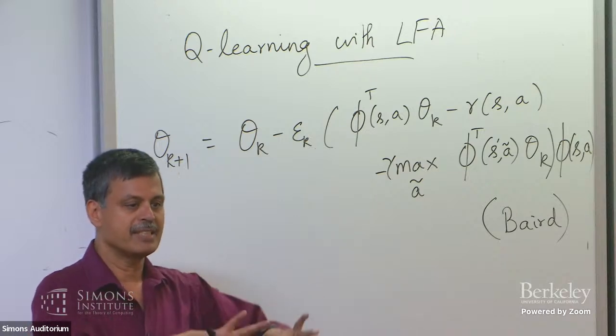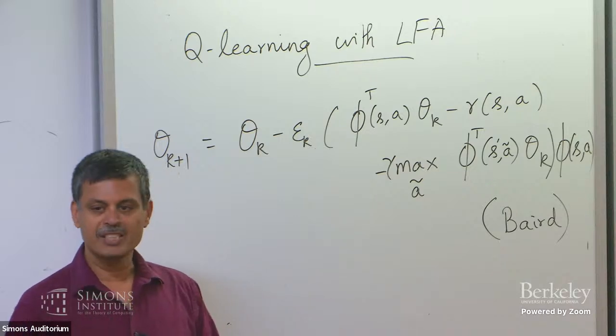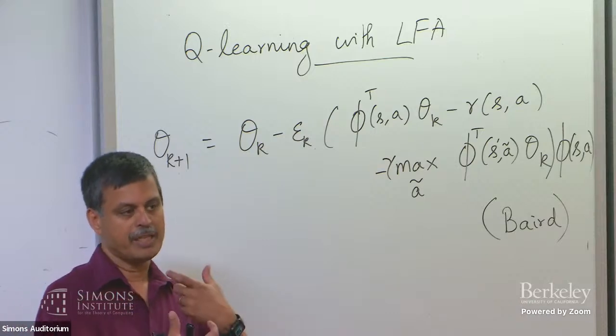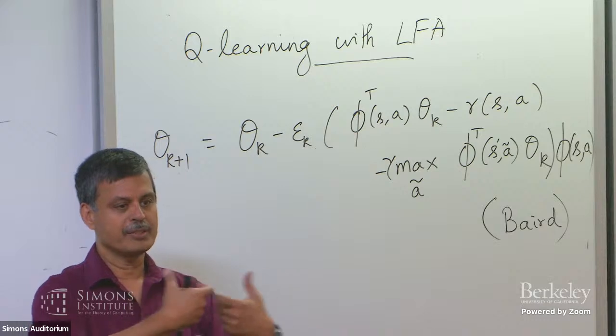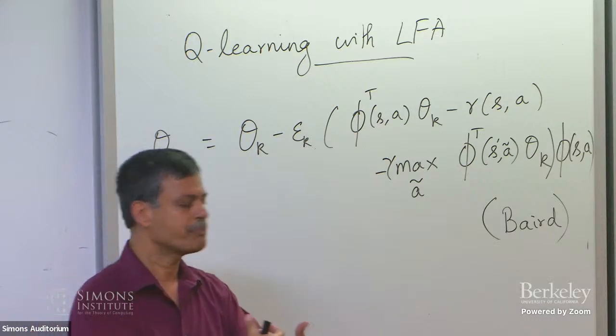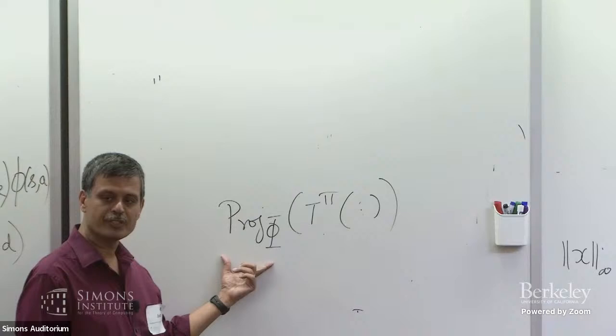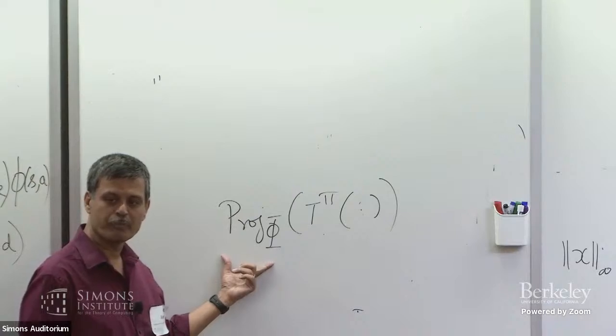But here the norms don't match, so you can't get contraction results easily. Before, the projection Phi T pi was a contraction because T is a contraction in the d pi norm and the projection is non-expansive in the d pi norm.